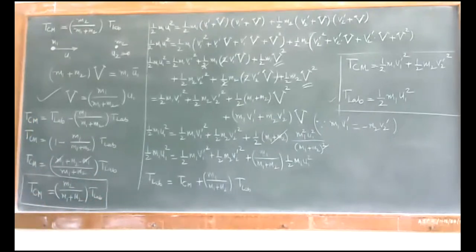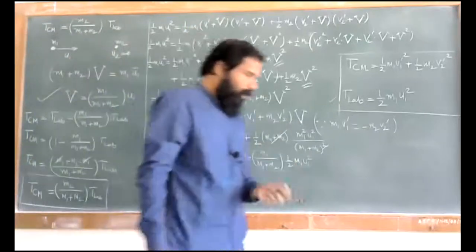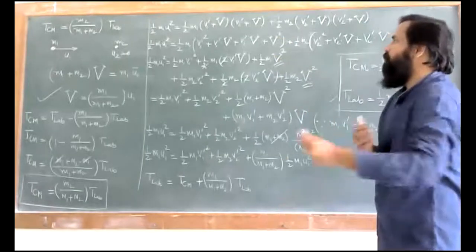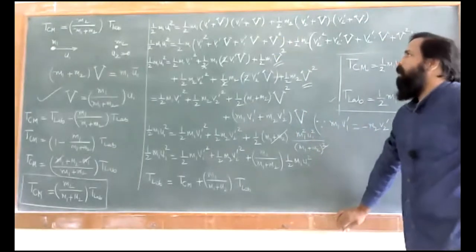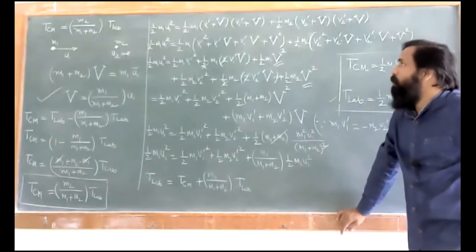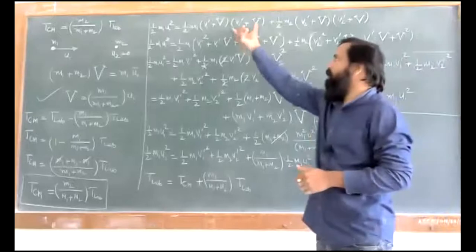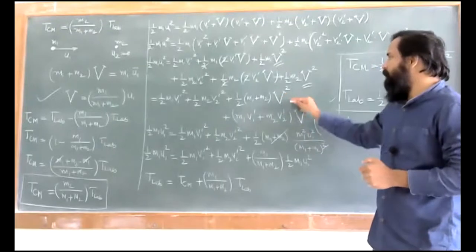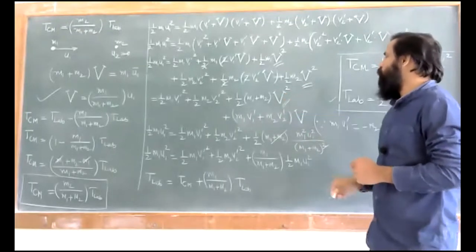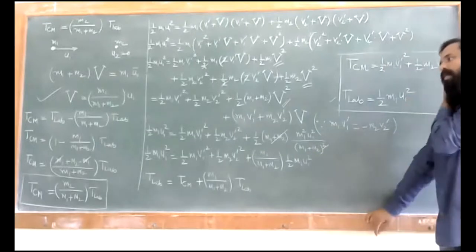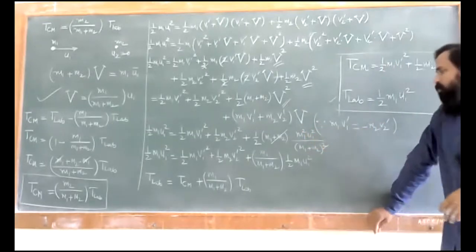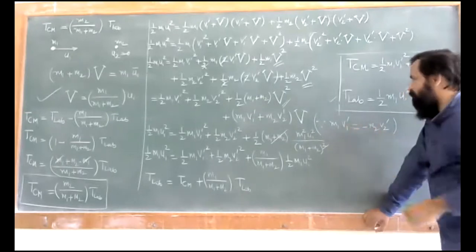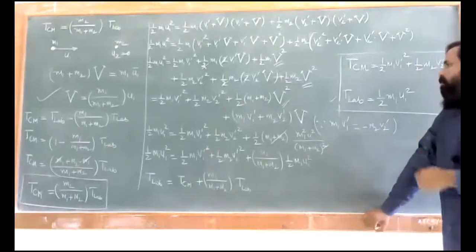Everyone, please note: we started from the law of conservation of energy, that is given as 1/2 m1 u1 square is equal to 1/2 m1 v1 dash square plus 1/2 m2 v2 dash square. We just put in the values of v1 and v2 and solved. So after solving we get some conditions. We put the value of V square that we have already calculated, given in terms of m1 v1 square divided by m1 plus m2 bracket square, and with respect to the center of mass frame m1 v1 dash is equal to minus m2 v2 dash.